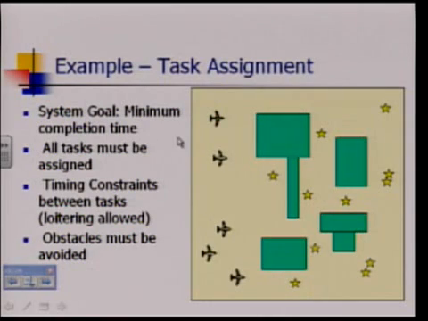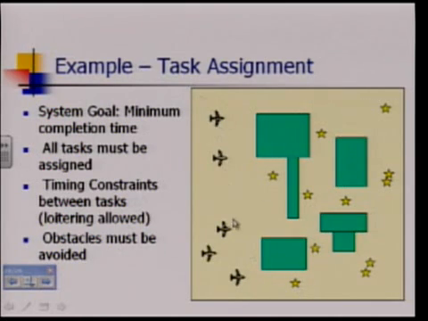But here's just a simple example to show you, in general, if you have an optimization problem like this, how you formulate the problem and what you need to do to use good optimization software tools to solve it. This is like a task assignment problem.